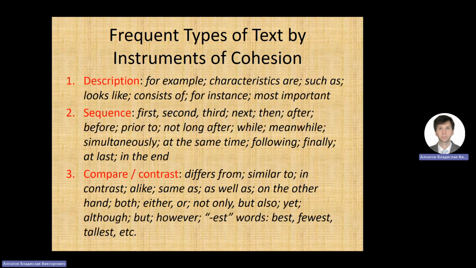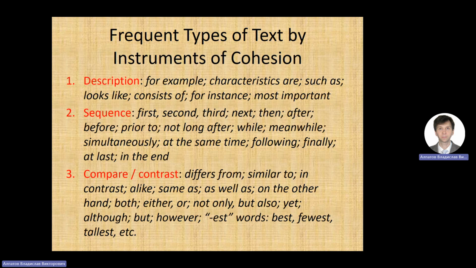Now, there are frequent types of text, which are classified by instruments of cohesion. Partly it correlates with what I have just told you, but this is a slightly different view on cohesion and on types of text. These are the types of text which are frequently taught in English universities and schools.